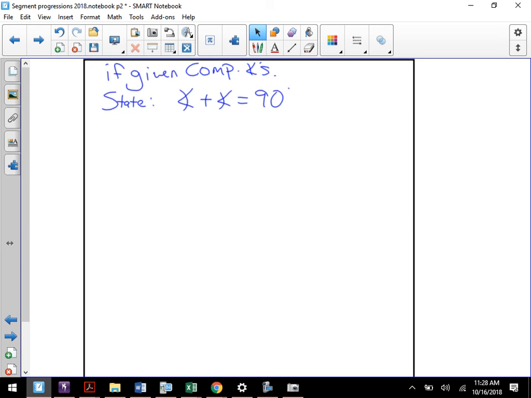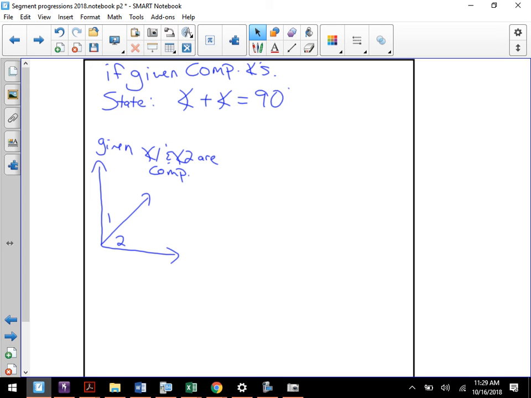I'm leaving it really generic with that idea of just angle plus angle, just like we do with segments. Segment plus segment is something else. We don't know what the angle letters are. It depends on the problem. For example, if we're given angle 1 and angle 2 are complementary, with a little picture or whatnot, or just in words.